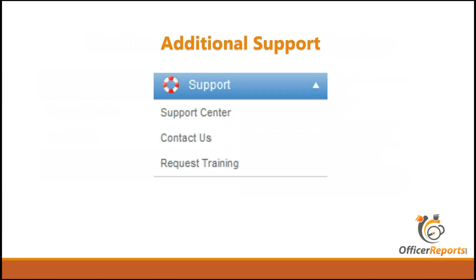If you need additional support, of course, we've got the Support Center. So under Support and Support Center, that is the go-to knowledge base of support articles. It pretty much has everything and anything you need to operate officer reports and to answer any questions you may have there. If you type a couple words in the search box, more than likely the first few answers will be exactly what you're looking for.